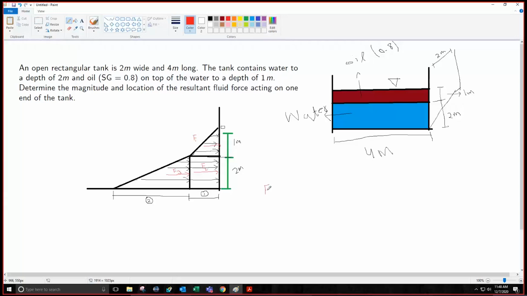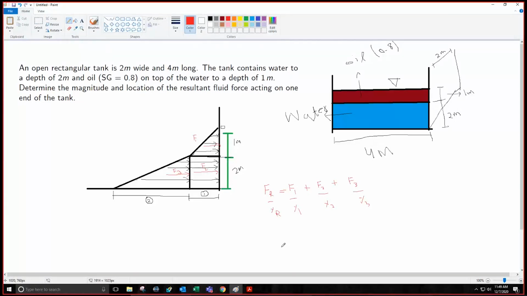Fr would be equal to F1 plus F2 plus F3. So we are interested in calculating the location of Fr and the Fr itself. For that, we need to calculate F1, F2, F3 and its location, Y1, Y2 and Y3. Okay?